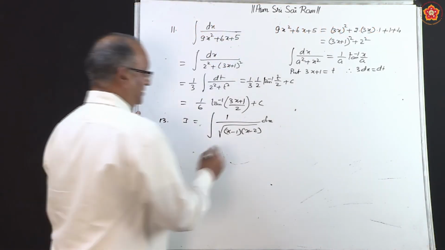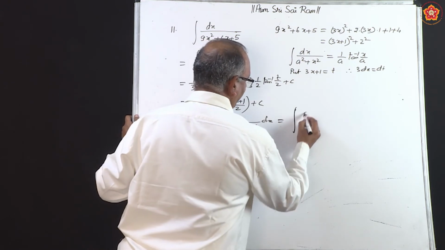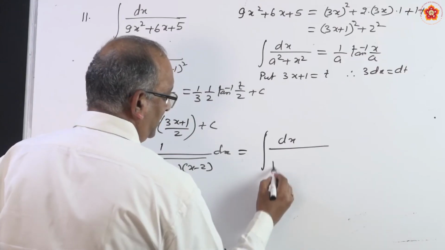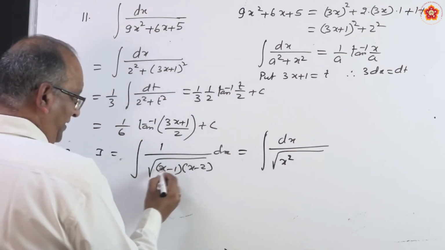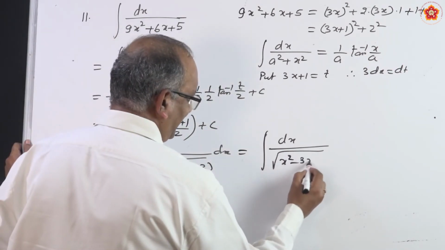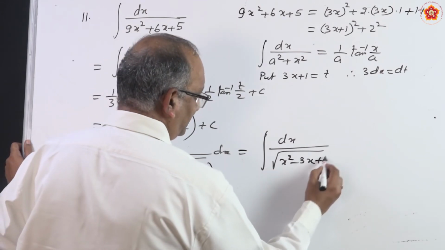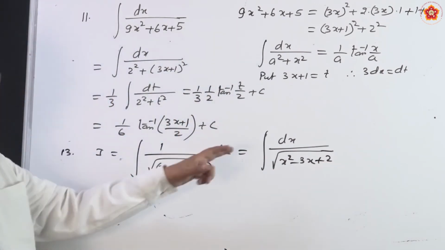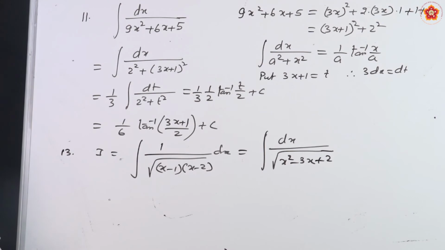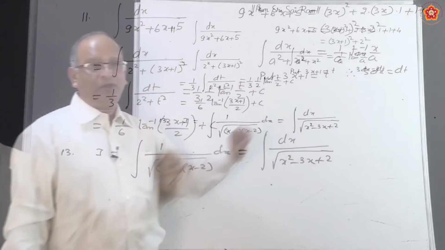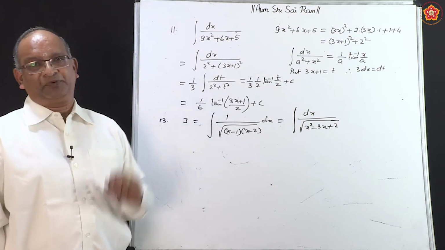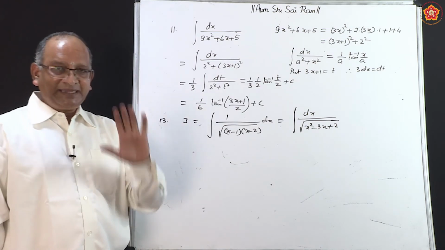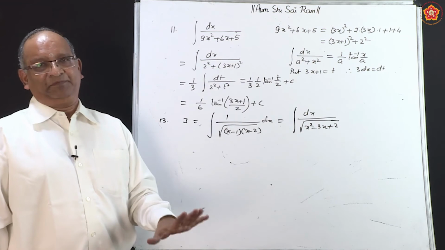That is, this can be written as dx upon under root of x square minus 2x minus 1x, which makes it minus 3x plus 2. Which type is it? You can see there is a quadratic polynomial, but it's inside the square root. So it is the 8th type which we have discussed. 8th type and 7th type are same.